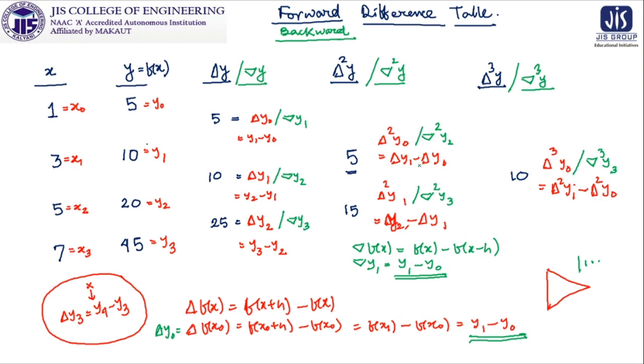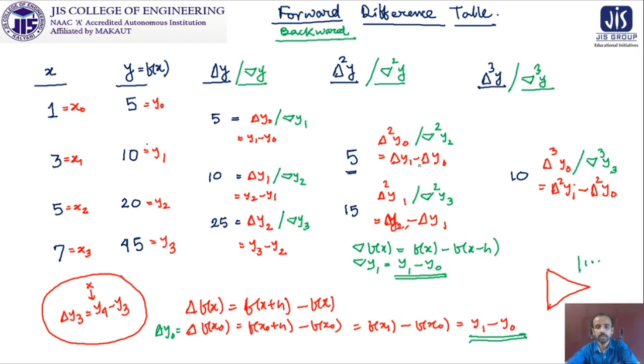In the first, Newton's forward difference interpolation formula, and in the second case, Newton's backward interpolation formula. But again, I emphasize that both of them are very important, and you must not make any confusion regarding the operators, symbols, and index.